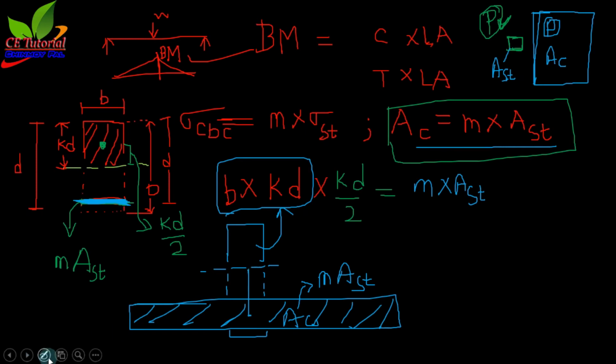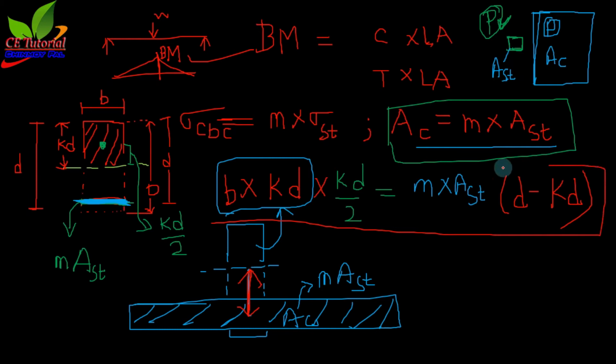This should be the distance, and this distance is nothing but D minus KD. So this is the formula of taking the moment about the neutral axis.